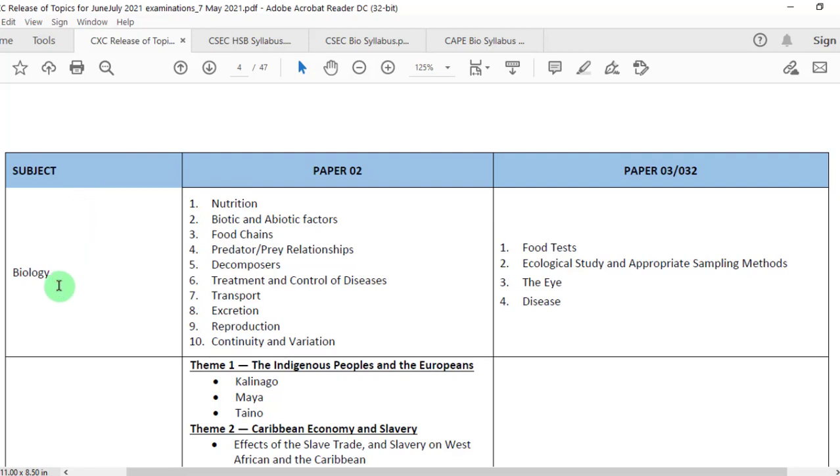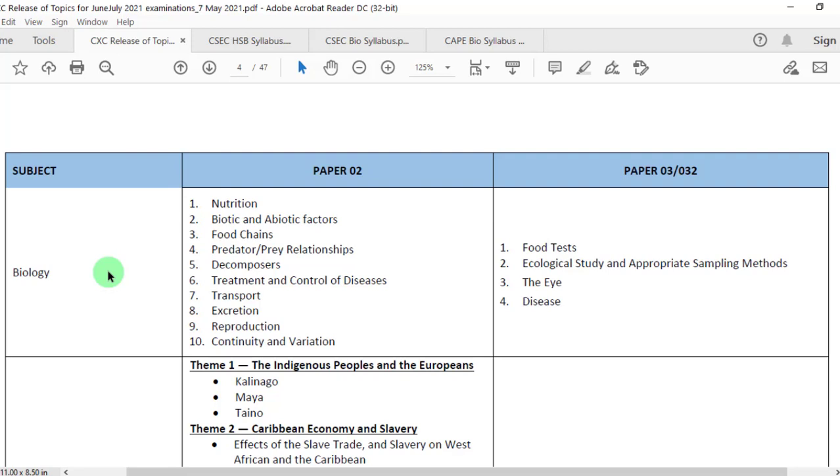Alright, so we have here our topics for biology, and unlike HSB, you do have a paper 3, and as you can see, the topics for paper 3 are a lot shorter, but of course remember, paper 3 focuses on the practical skills, SBA related skills for private candidates.